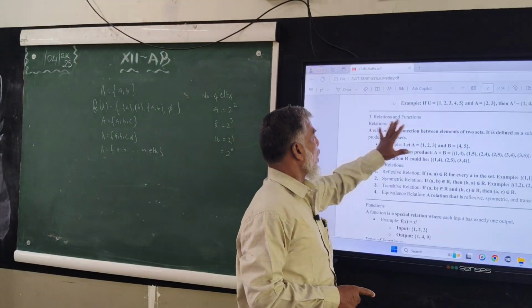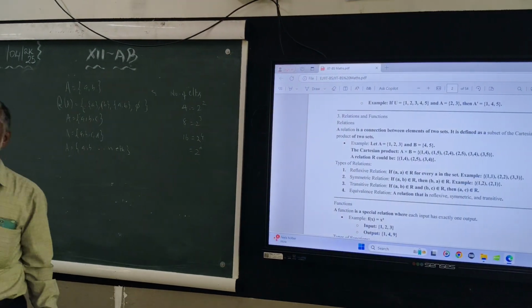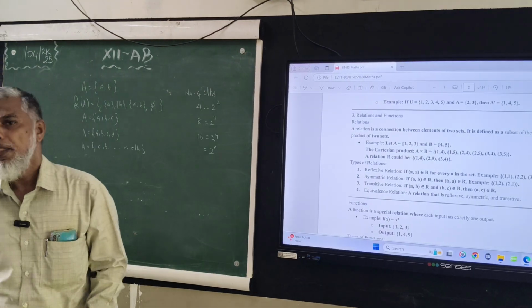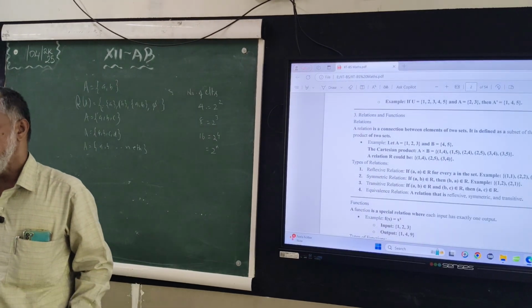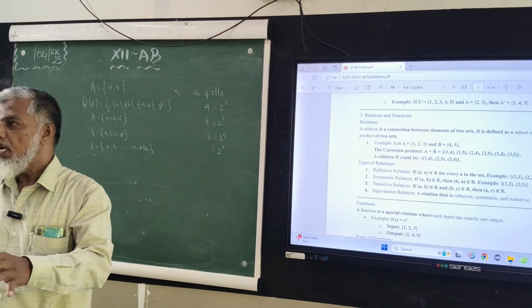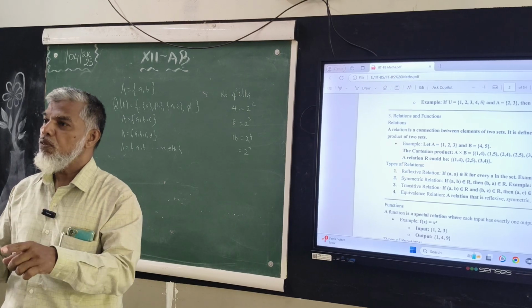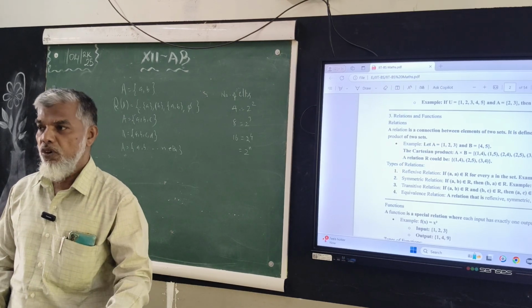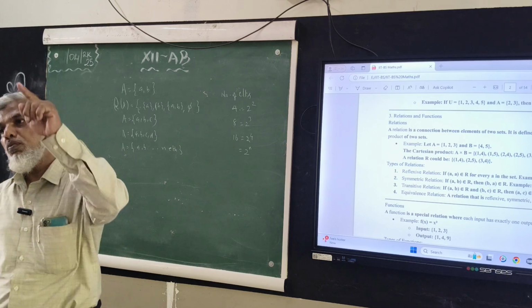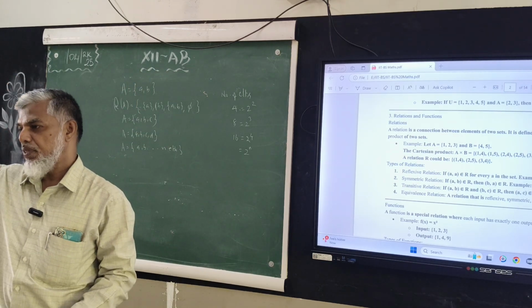Next is relations and functions. Relations and functions are a very important concept in the qualifier round, and not only for the qualifier. If you have an open mind and are relaxed, and if you understand in the class itself, it will be useful for all competitive examinations as well as higher studies.